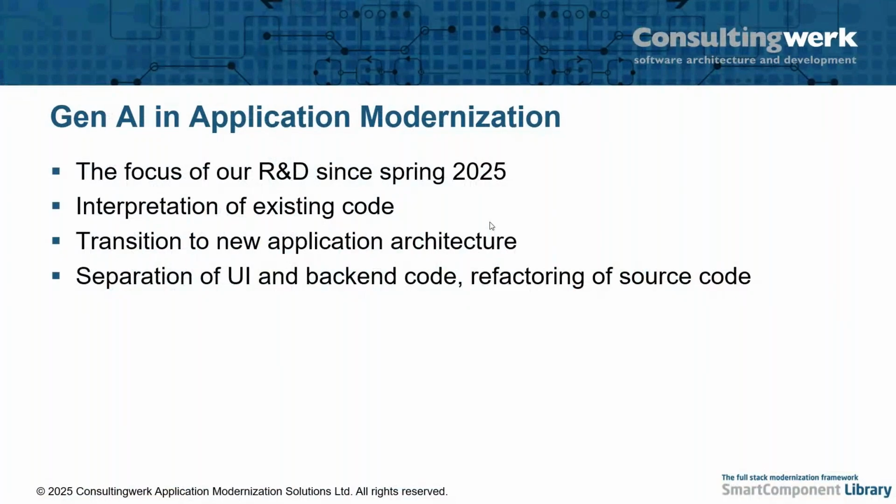So first, all this is based on Gen AI, generative AI, so AI that's basically capable of generating mostly text documents, and application source code is typically text. That's something that we really started utilizing more or less a year ago, spring last year.